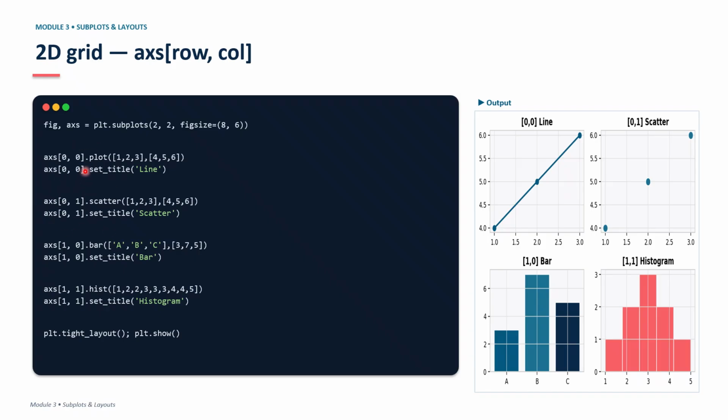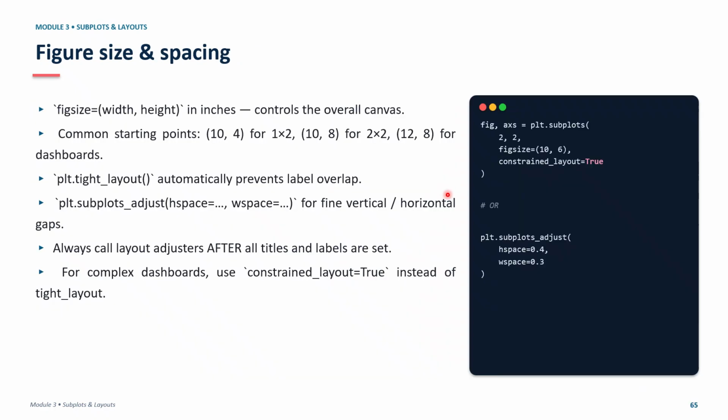You have to make it very clear that the comma is being used. You're not supposed to indicate the index as axis of 0 of 0, but instead you have to use axis 0, comma 0.